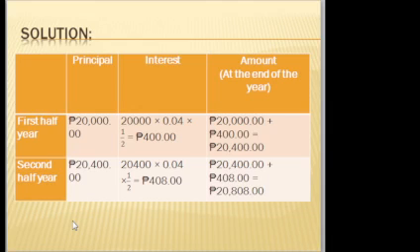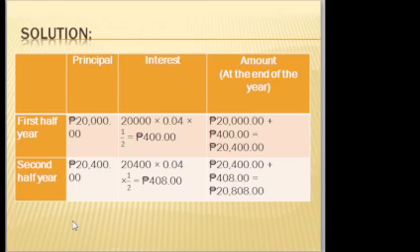And to get the other amount, the second half year, we will use the 20,400 as our principal now. So that is compound interest. After the first half year, the amount at the end should be the principal in the second half year.